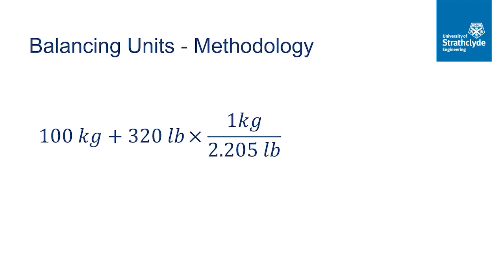So if we multiply the pounds by 1 kilogram divided by 2.205 pounds, the pounds will cancel out using our knowledge of algebra, and what we'll be left with is the unit of kilograms. And that gives us 100 kilograms plus 145.1 kilograms, which gives us 245.1 kilograms in total.